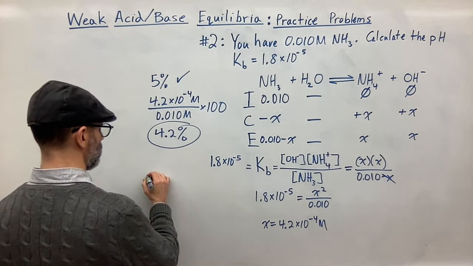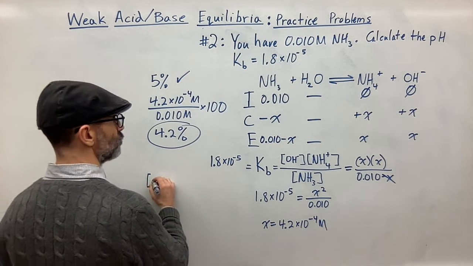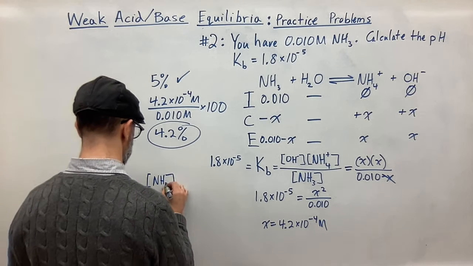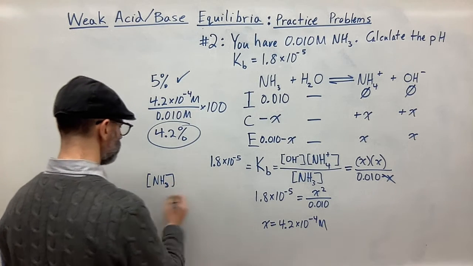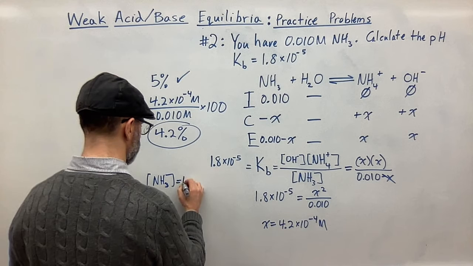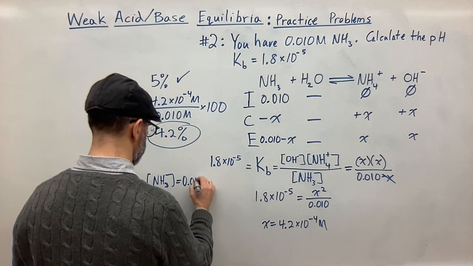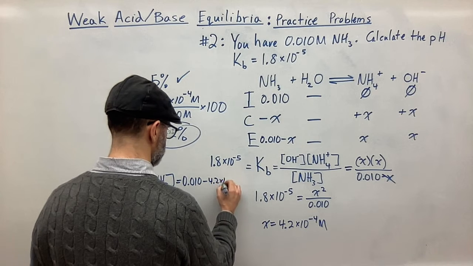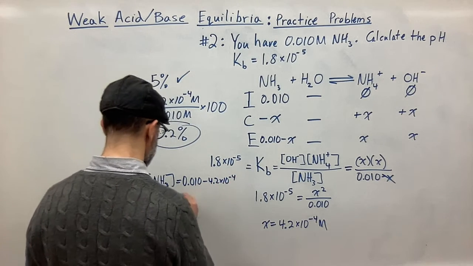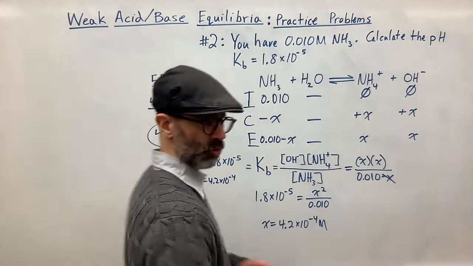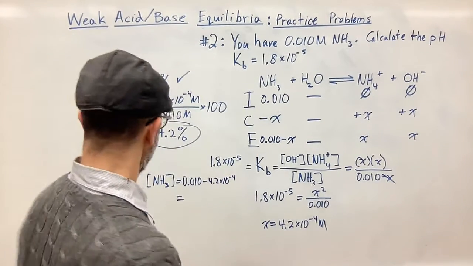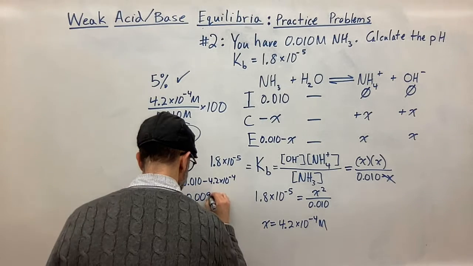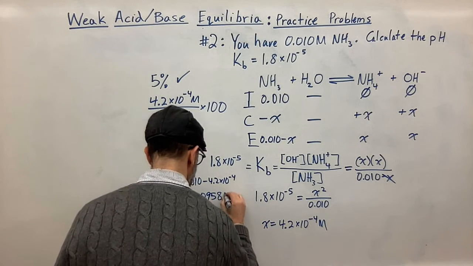So then that means that the concentration of NH3 is equal to 0.010 minus 4.2 times 10 to the negative 4, and that's going to be equal to 0.00958 molar.